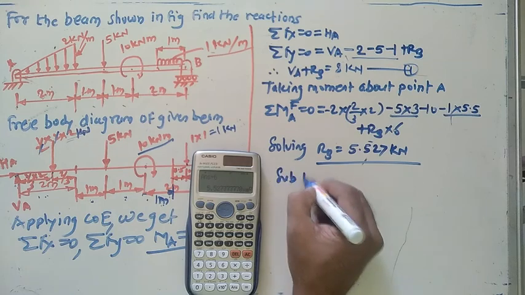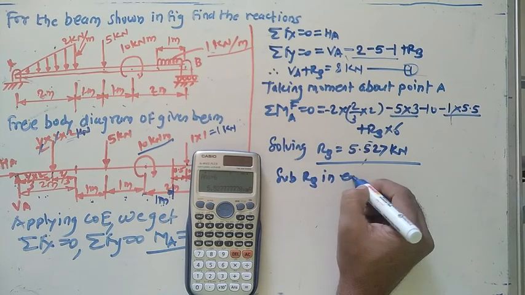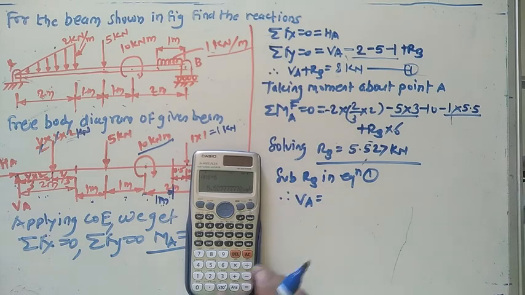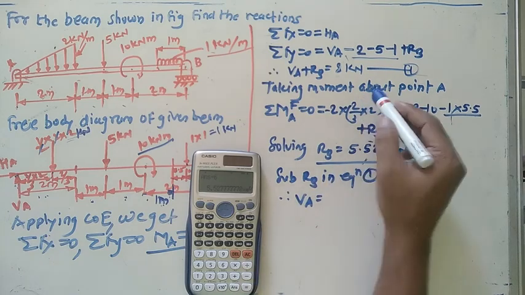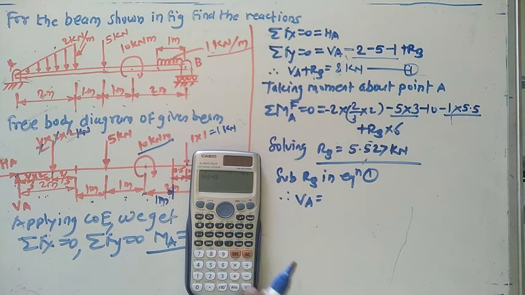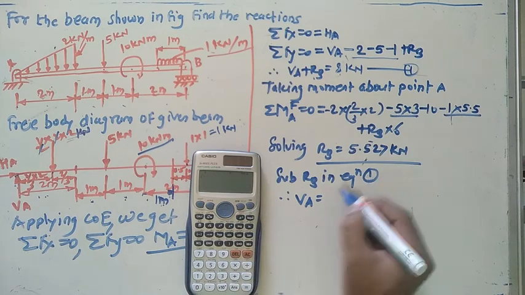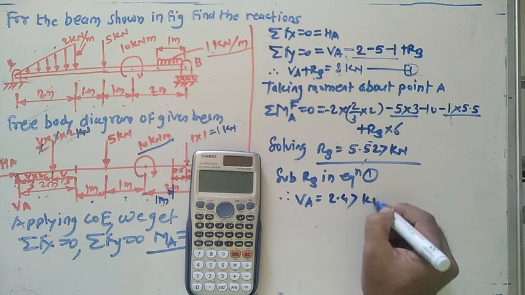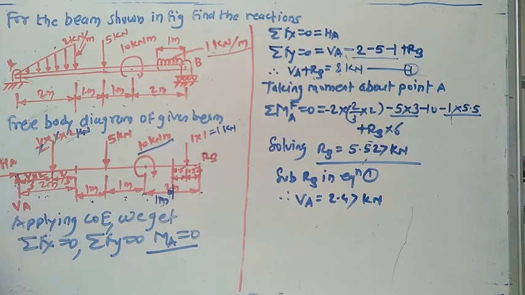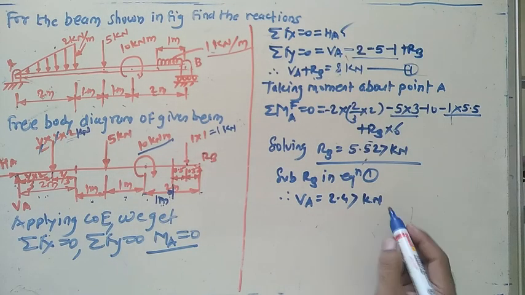Once we get the value for RB, substitute this in equation number 1. Substituting RB in equation 1, we get VA equals 8 minus this RB. VA equals 2.47. As the value for this one, HA is 0, straightforward.